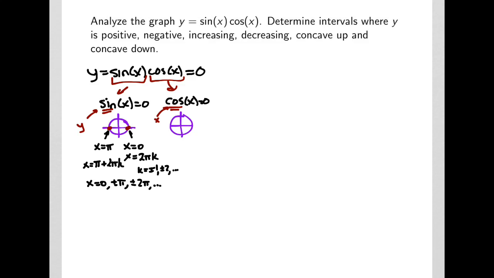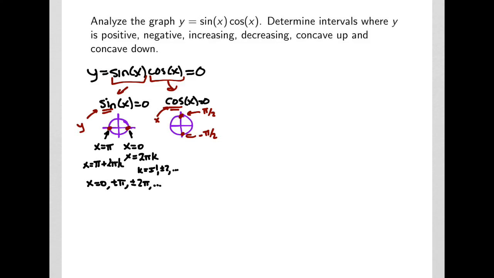The cosine function is the x-coordinate, and so the x-coordinate equals 0 at the top and the bottom. And so when I think about where these are, this is at pi over 2 and at minus pi over 2. And again, every time I go around a full circle, I return to where I am.